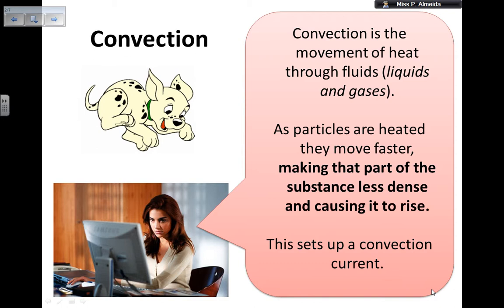As particles are being heated up, they gain energy and move faster. This makes the part of the substance where they are less dense and causes it to rise. I'll give more detail on this in a second. And this sets up a convection current. So here we have the summary of what convection is, okay?